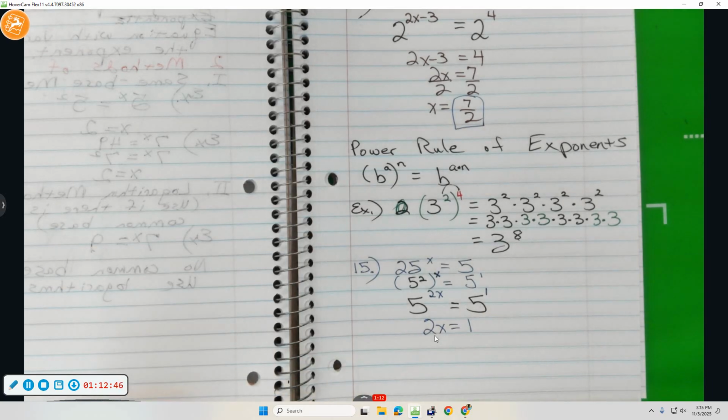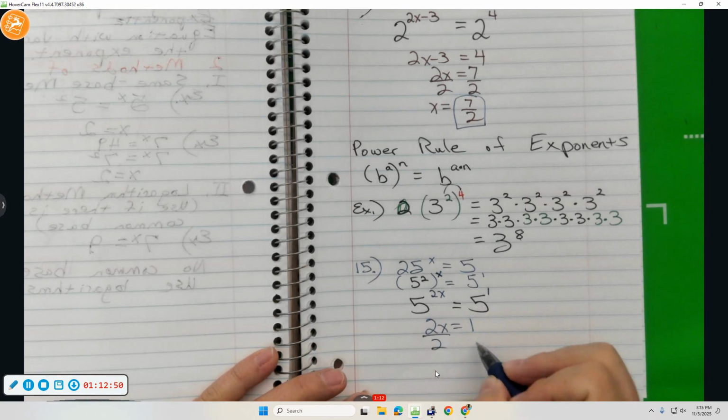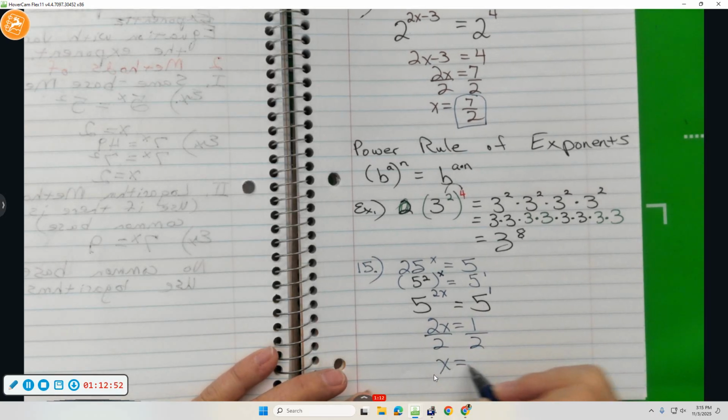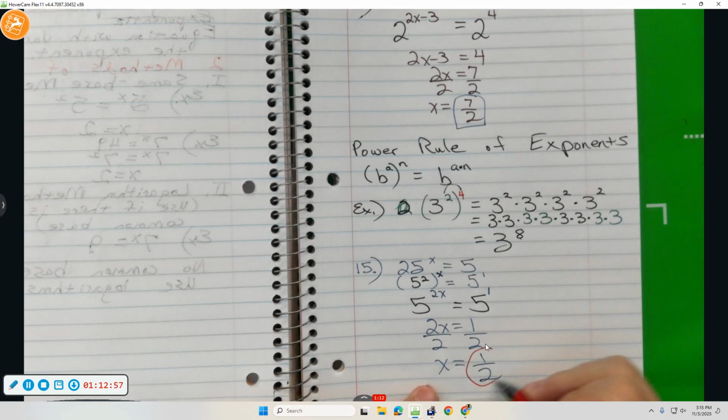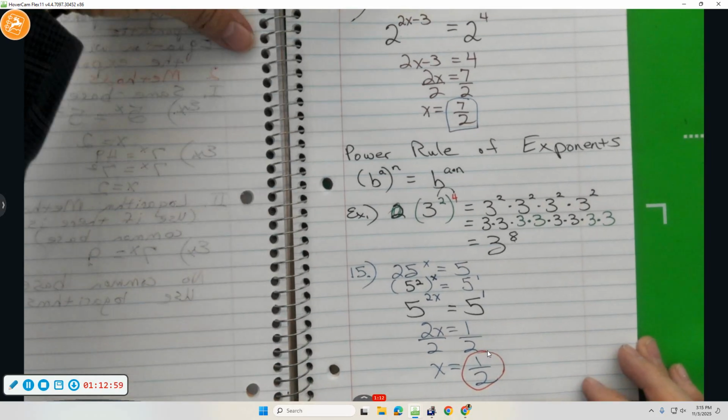What's that about to give me for x? 1/2. For a final answer of x equals 1/2.